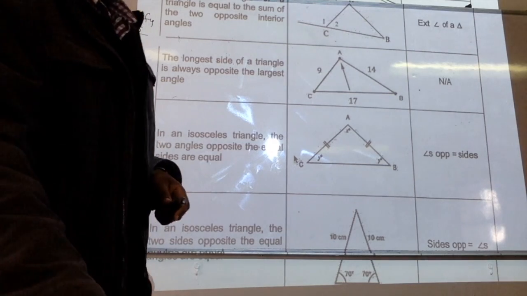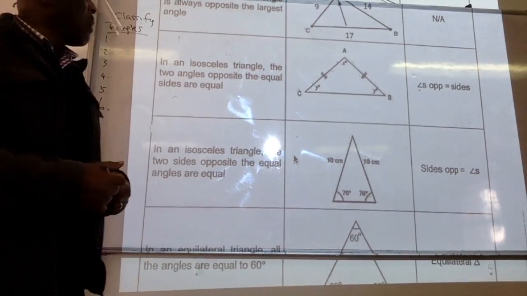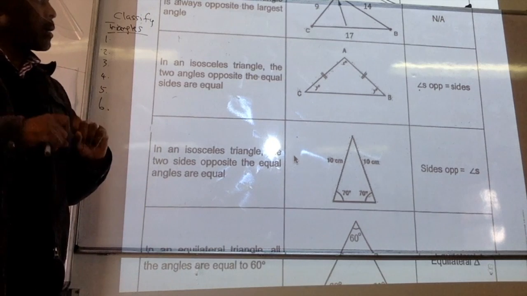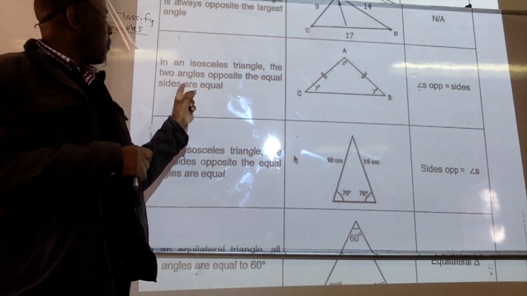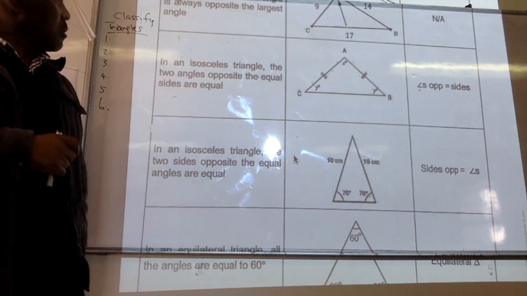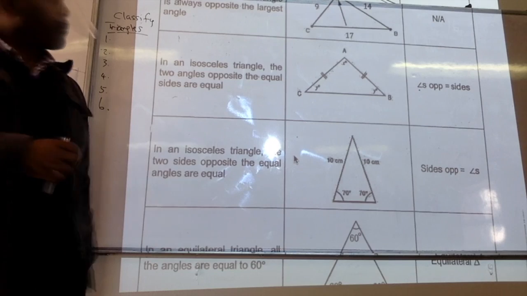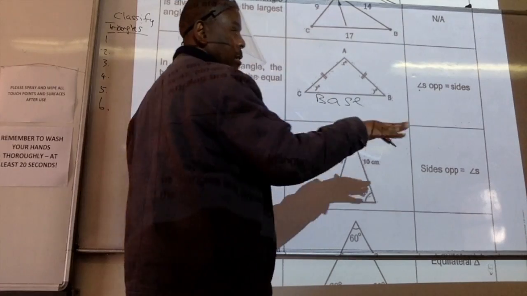Okay, then something about isosceles triangles. Remember, isosceles means two sides are equal. It says in an isosceles triangle, the two angles opposite the equal sides are equal. We normally refer to this as a base.